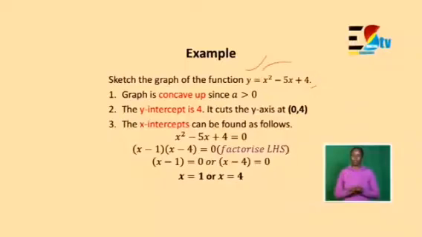So let's use factorization in our case. We need to factorize this quadratic function. You know how to factorize the quadratic function. In this case, the coefficient of x squared is 1. So when you are factorizing such quadratic functions, you just open double brackets like this.